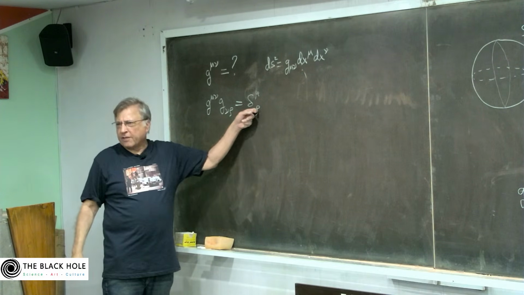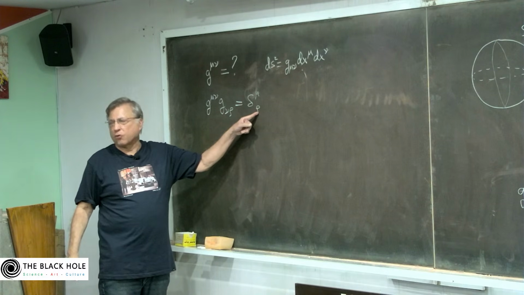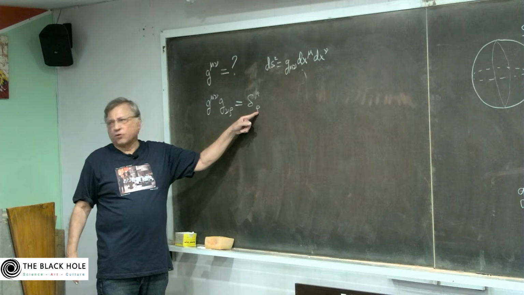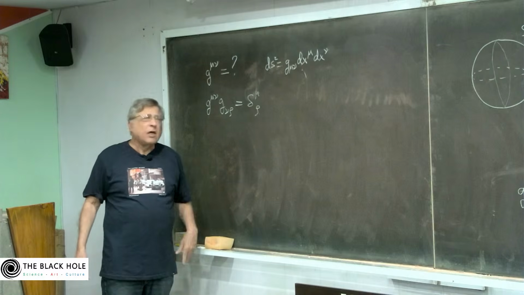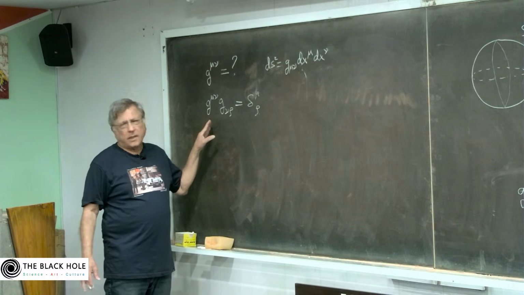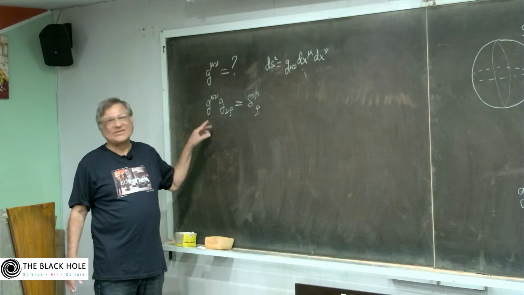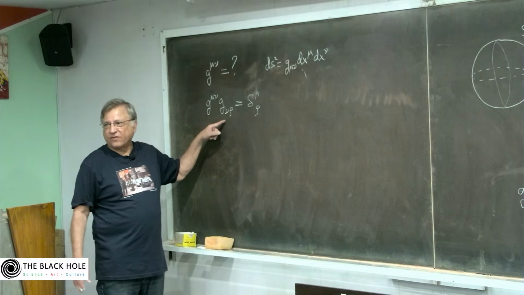And this is the Kronecker delta, which says that unless mu and rho are equal, this is 0. It is 1 if this and this are equal. So, in a sense, this is matrix multiplication, isn't it? There's the common index nu which is being summed over.